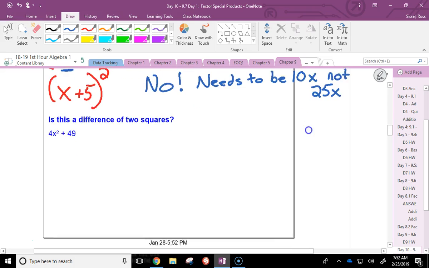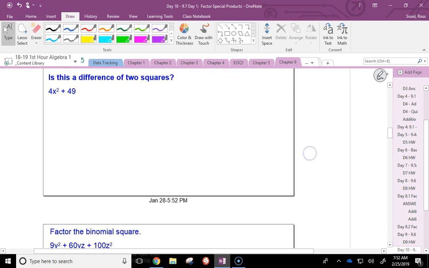Okay? Is this a difference of 2 squares? Okay, remember, difference of 2 squares is going to be like the x plus the term, x minus a term. Can this one be the difference of 2? My biggest thing is, I look at this part. Say that again, Connor.